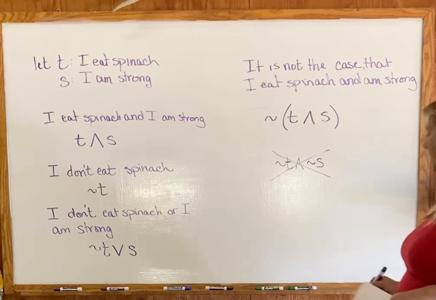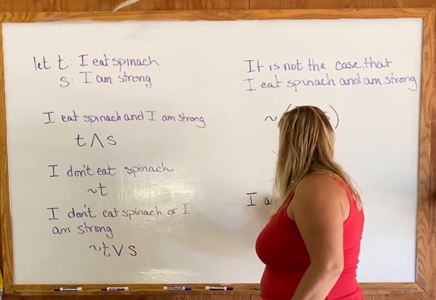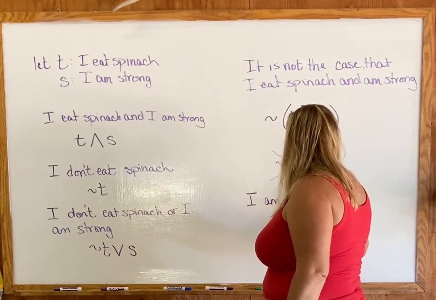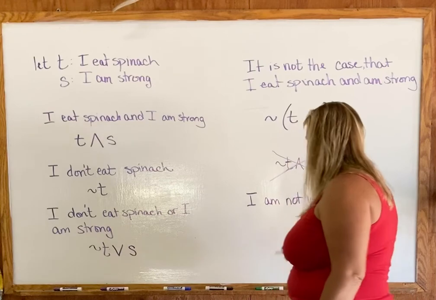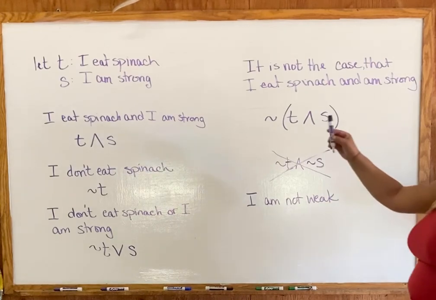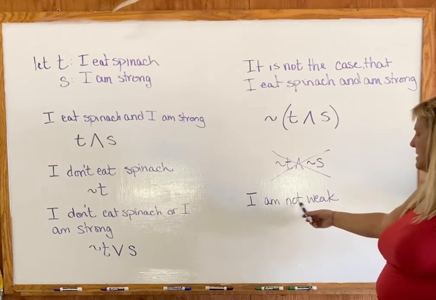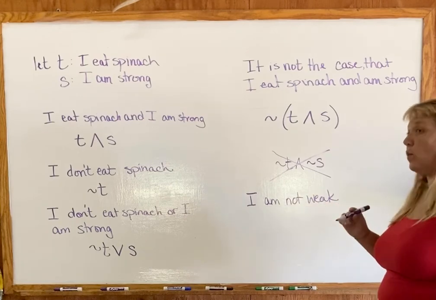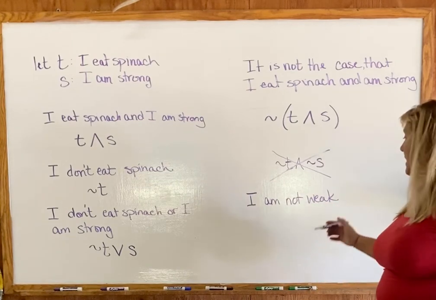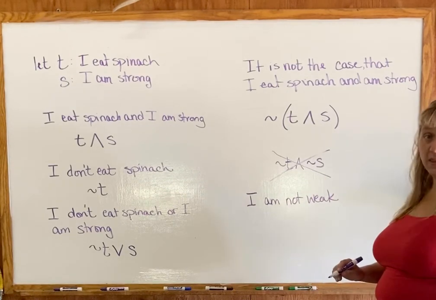Okay, and then one more, and then we can be done with this lecture. So the last one says, I am not weak. Now, that was not one of our statements, was it? But it's related to one of our statements, isn't it? So the idea is they're giving us a negation. I am not weak. So what we might need to do in some cases is rework that. That's my 30-minute timer.